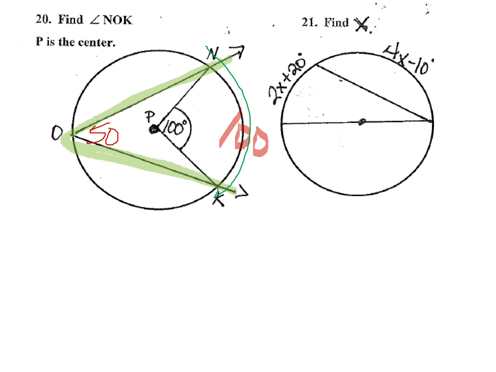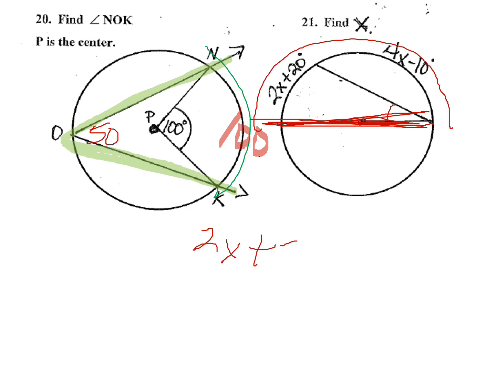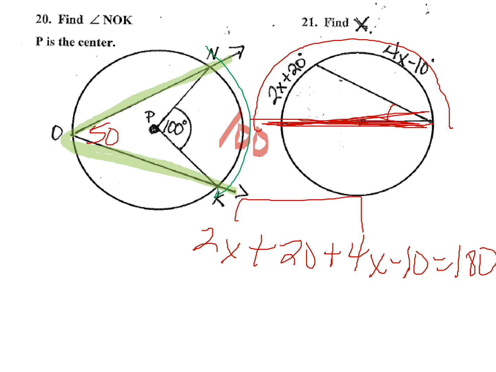Okay. Another inscribed angle right here, or you just find an x. You don't even need the angle. We just find an x. So there's a diameter. That tells me this half is going to make 180. So 2x plus 20 added to 4x minus 10 should equal 180. Get your x's together, 6x.